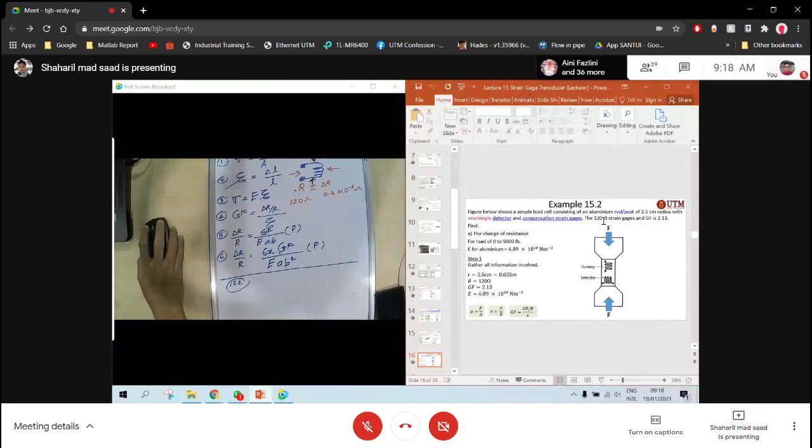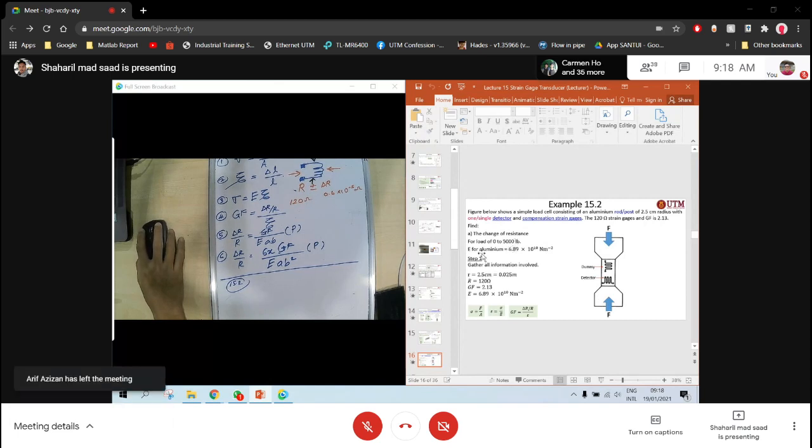The strain gauge is 120 ohm and the gauge factor is 2.13. So you got it. Simple aluminum rod, and then you apply some force right here equal to some load, 5000 lb.